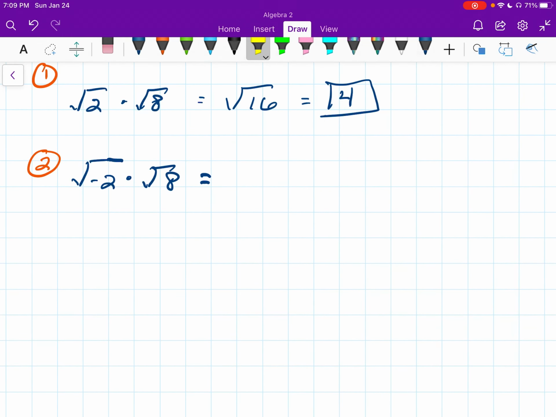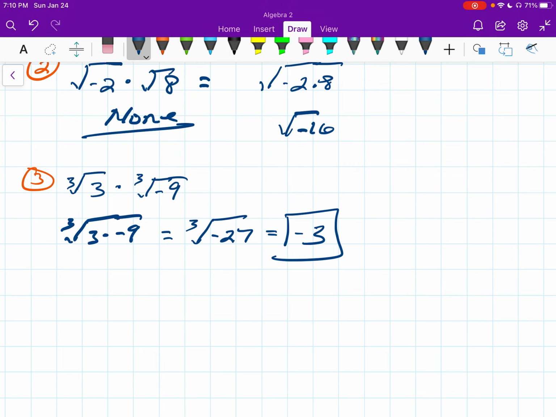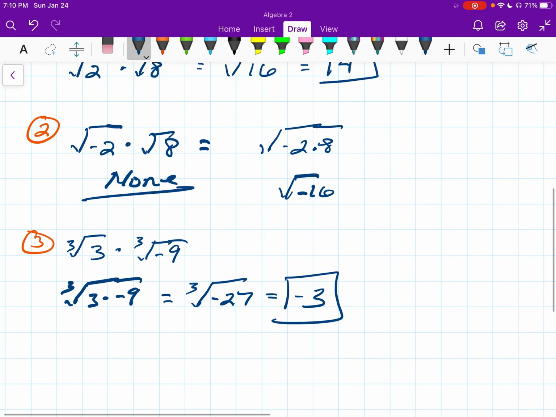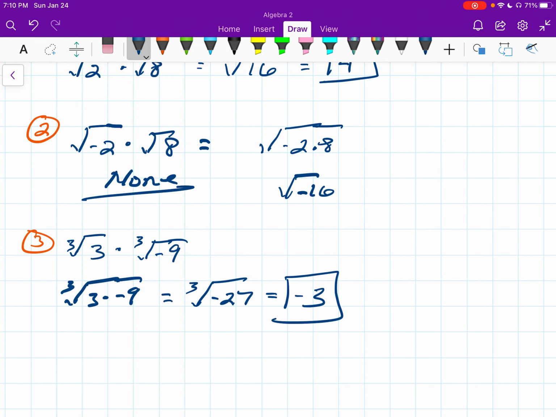This is really the cubed root of 3 times negative 9, which is the cubed root of negative 27, which is negative 3. Right? The cubed root of negative 27 is negative 3. So the important piece about that example is to know that, well, we normally deal with square roots, right? But this rule applies to all roots, not just square roots.